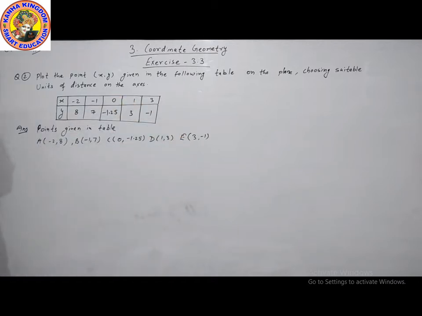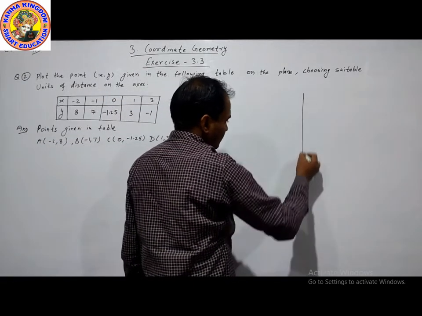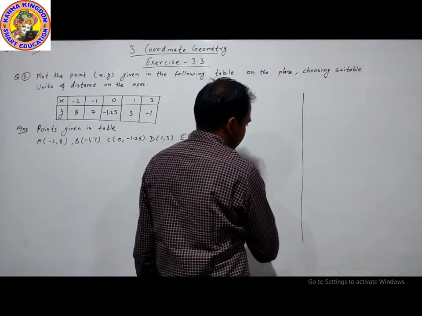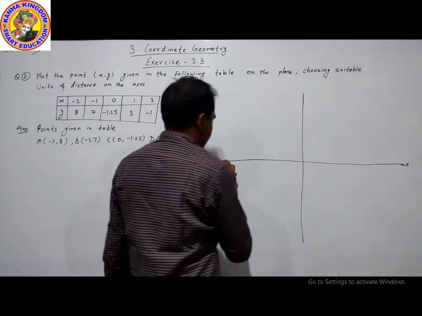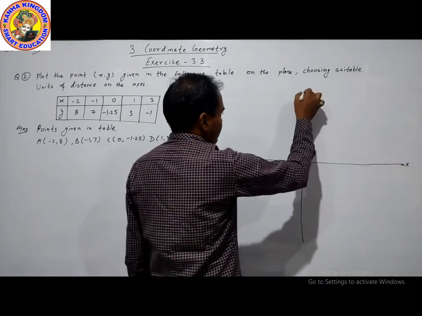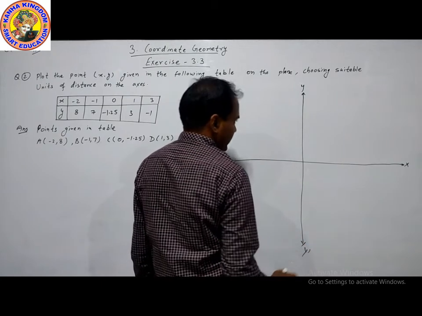Now we will locate these points on the Cartesian plane with suitable distance. First of all, we will draw the two lines, x dash and y dash.